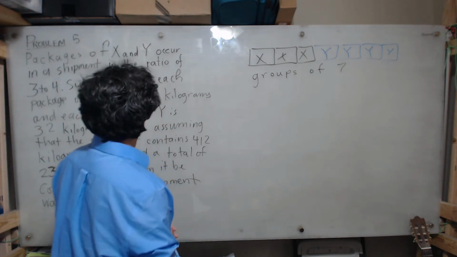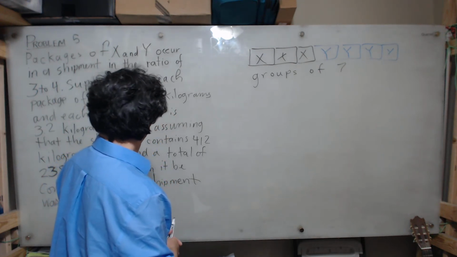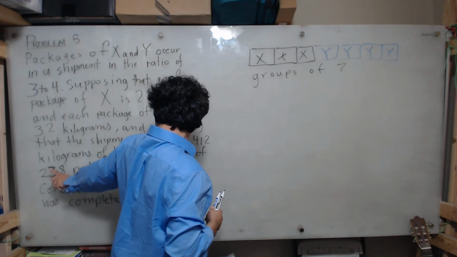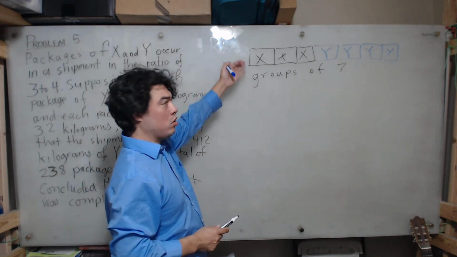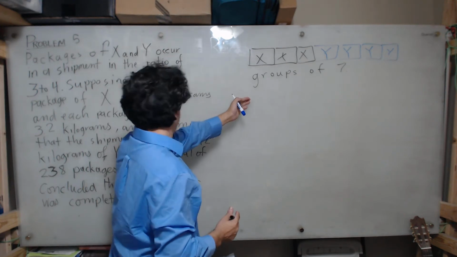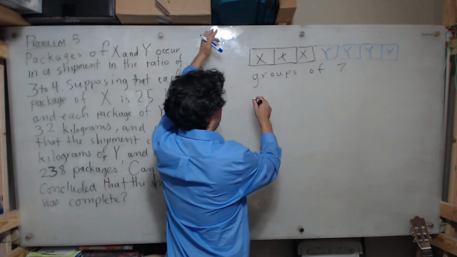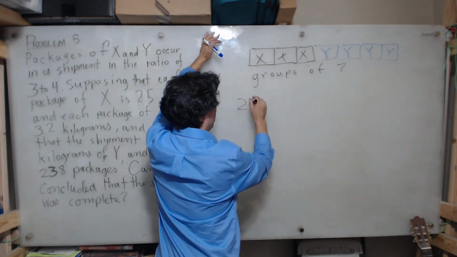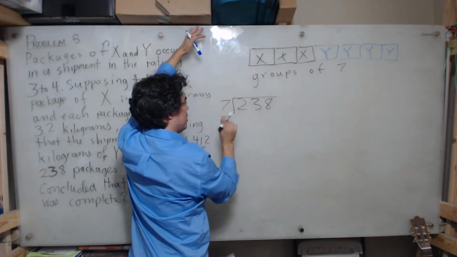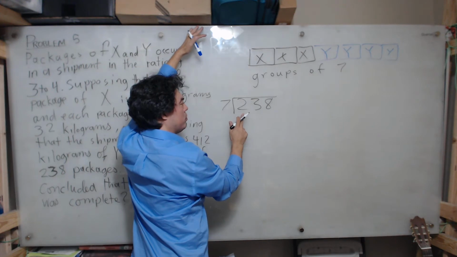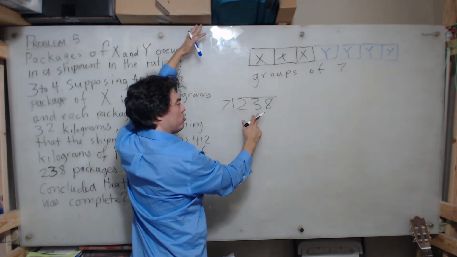Now they tell us that there are a total of 238 packages. Therefore, in order to find out how many groups there are, I'm going to divide 238 by 7. So I'm going to do that here. 238 divided by 7. 7 goes into 2? It does not. 7 goes into 23?